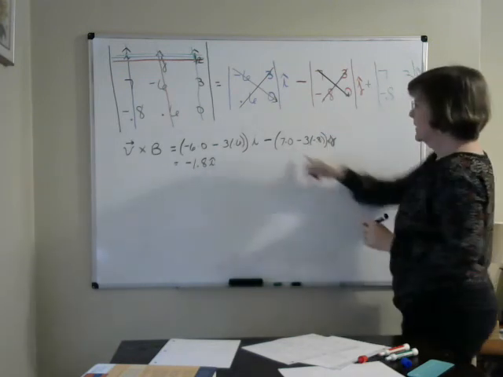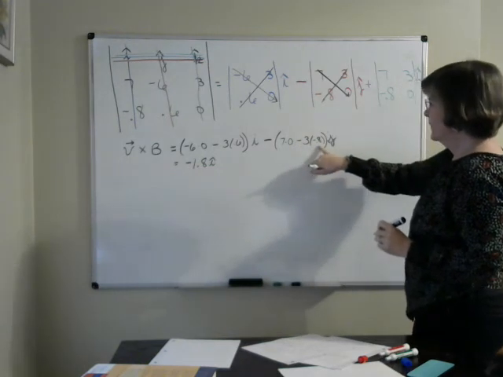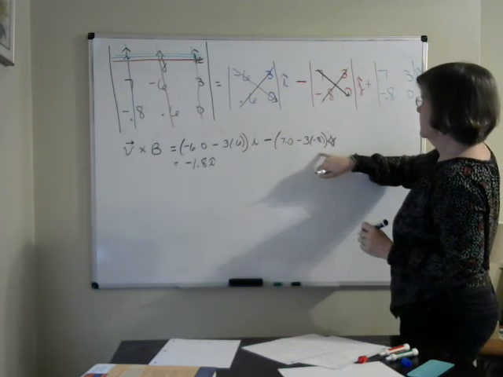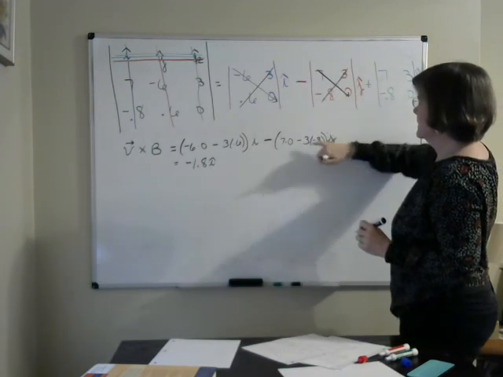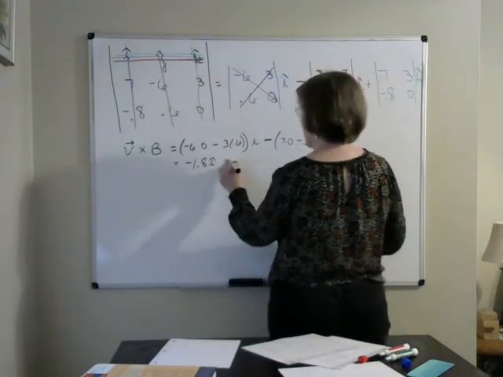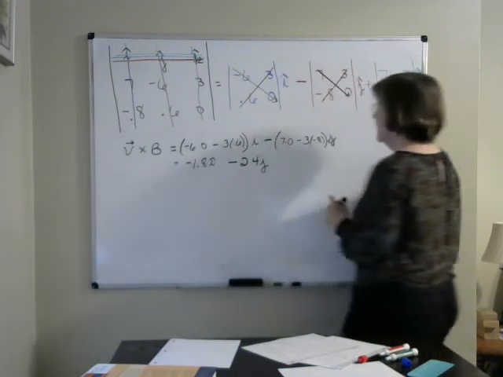Well, that's 0. That's 2.4. So minus 2.4. This minus this, that all came out actually to be positive, minus again. So minus 2.4J.